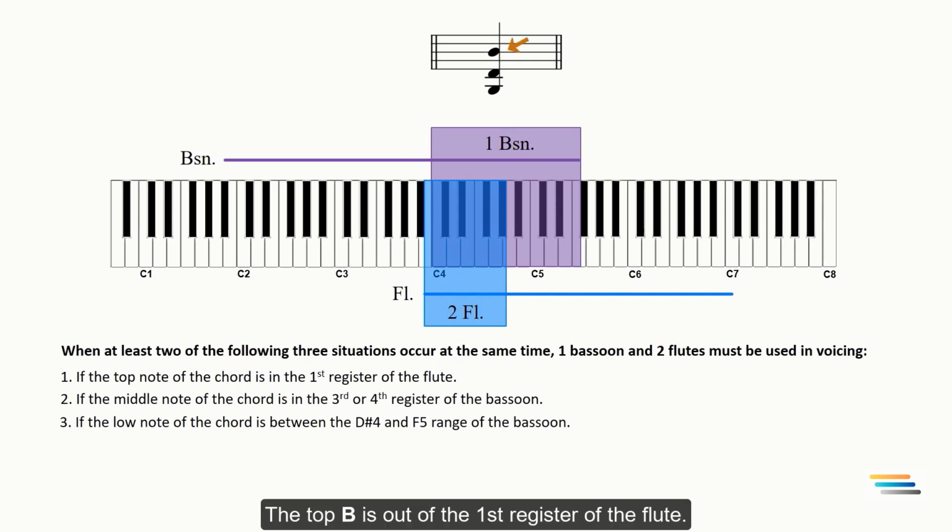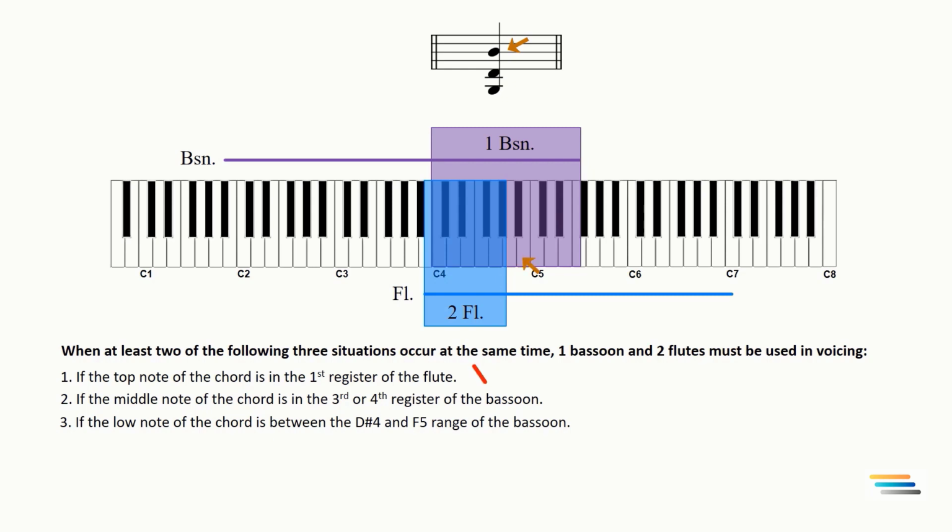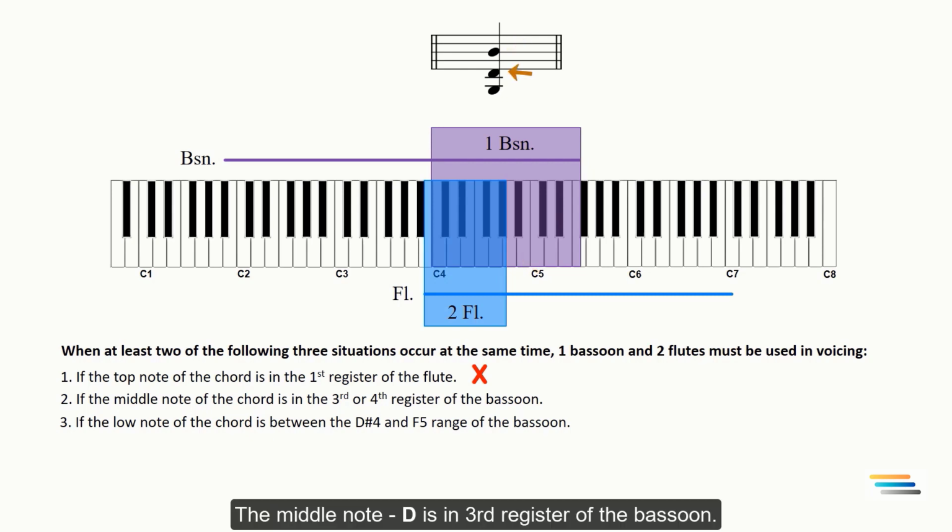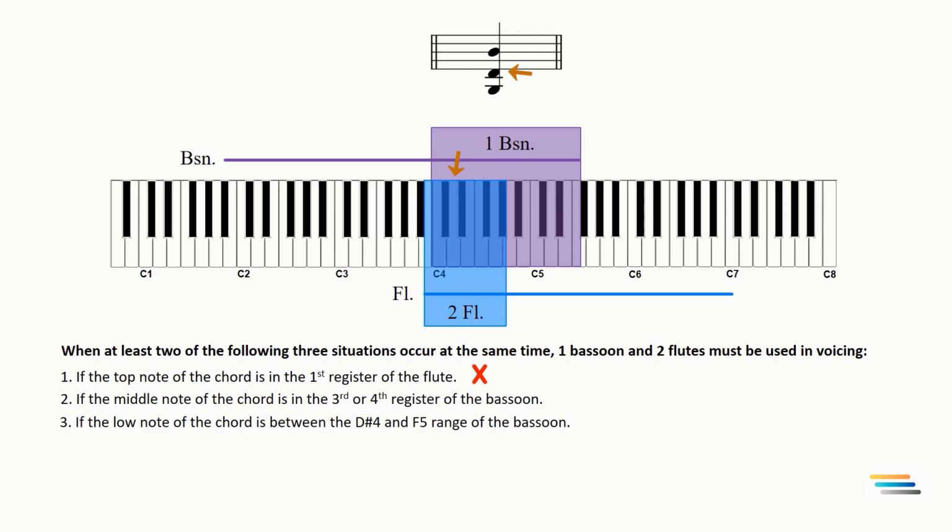The top note, B, is out of the first register of the flute. The middle note, D, is in the third register of the bassoon.